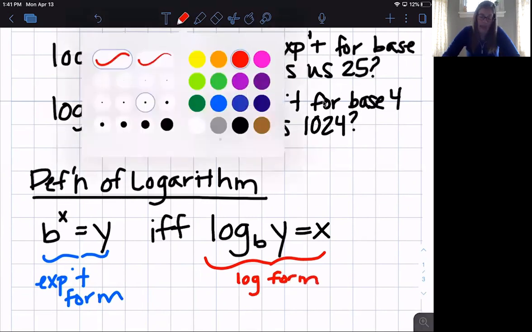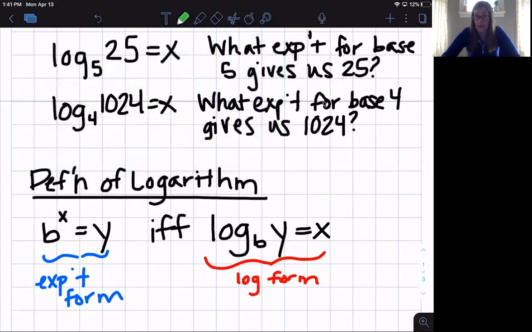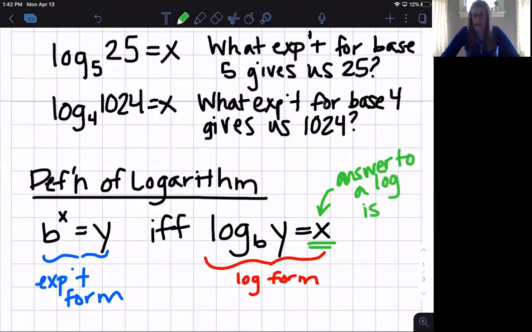Okay. And again, one of the big takeaways that I want you to leave this video with, when you go into your class next year and you start hearing your teacher talk about exponents and logs again, is this idea that the answer to the log, this x on the right side, look at where x is in the other equation, it's an exponent.